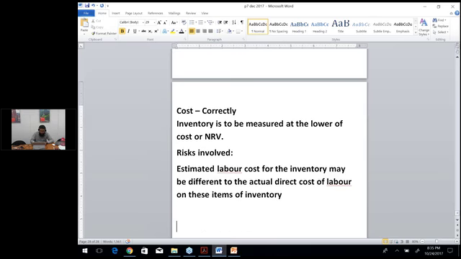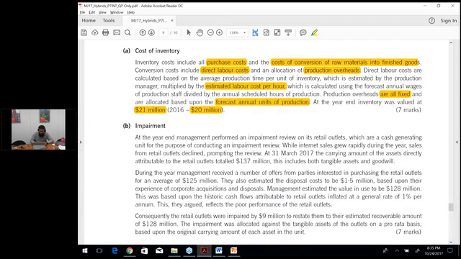The second thing is that the production overheads are all fixed and are allocated based upon forecast annual units of production.